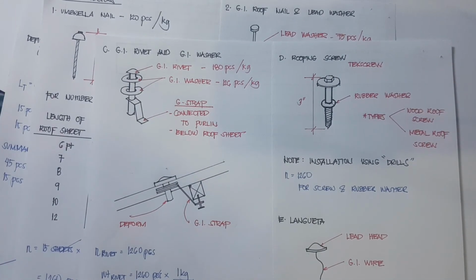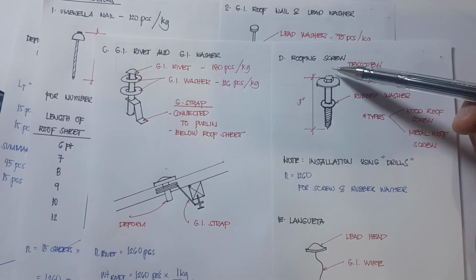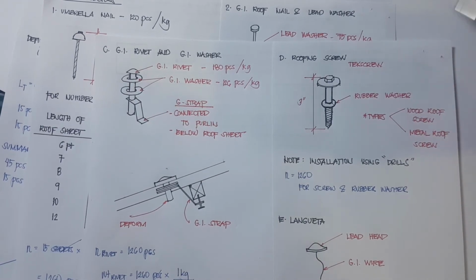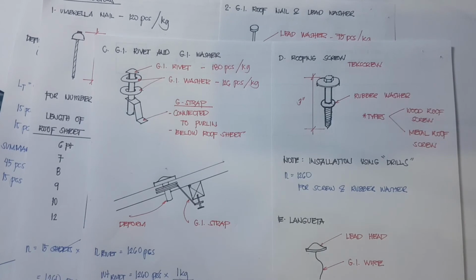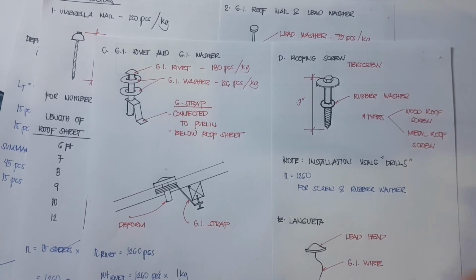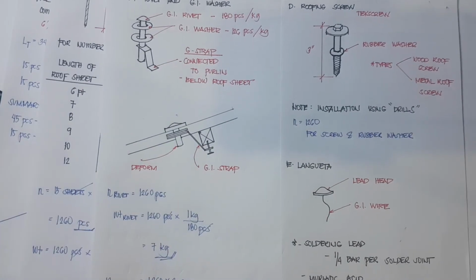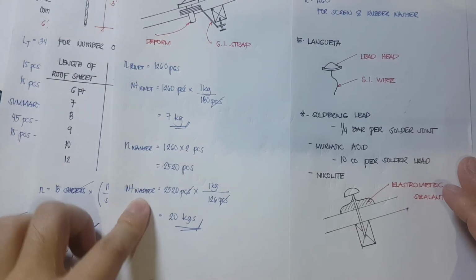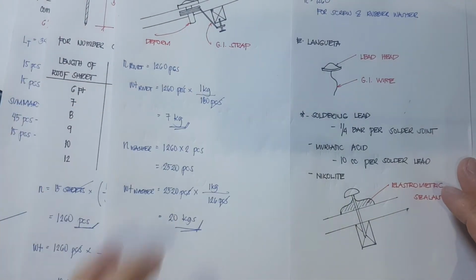So the good thing about this kind of screw is that i-drill na lang siya. You don't need to hammer the head of the nail. So it will be installed using drills. So same computation. Number, then convert to kilograms.